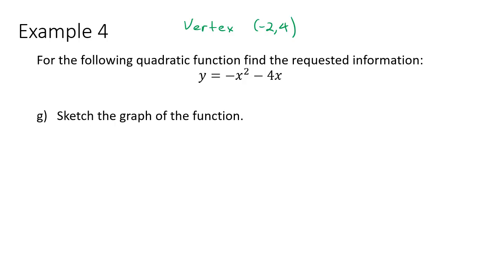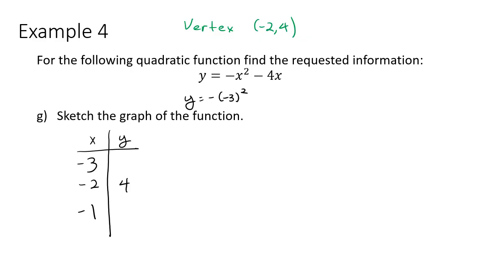And last but not least, we need to sketch the graph. So with our vertex of negative 2, 4, one to the left, one to the right. Plug them in. Careful with parentheses. So if we plug in negative 3, this would be a minus 9 plus 12.